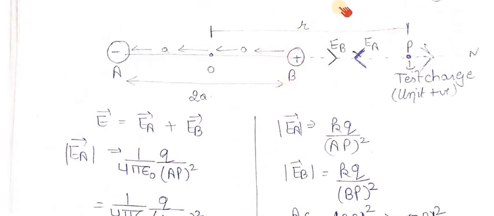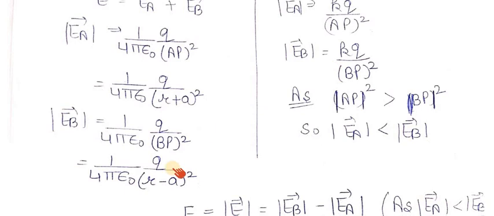The total distance from O to P is r and OP includes a, so to find BP we do r minus a. When we put r minus a, we get BP. Earlier, to find AP it was a plus r; to find BP we have to subtract this distance a from r. So it is (r minus a) whole square.